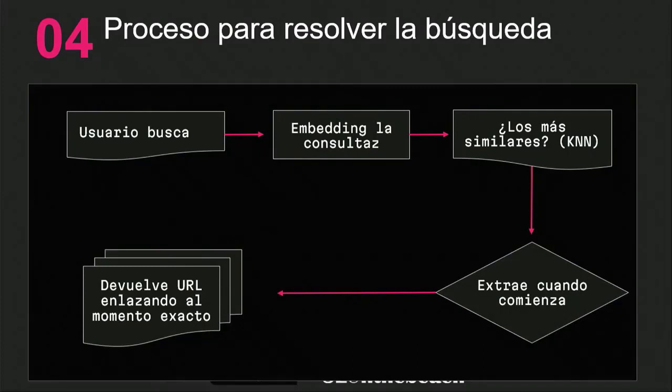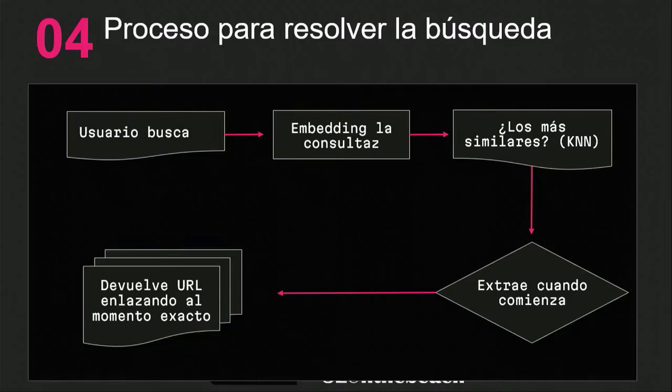So the user would make a search, then there has to be embedding of this search. And then you would use a search of the most similar results, and that's another question, how to look for the most similar sentences.